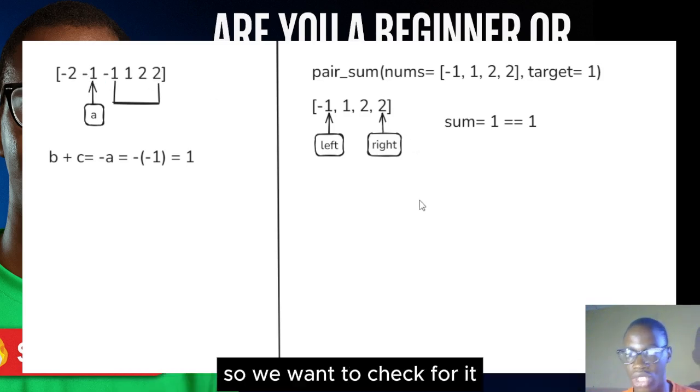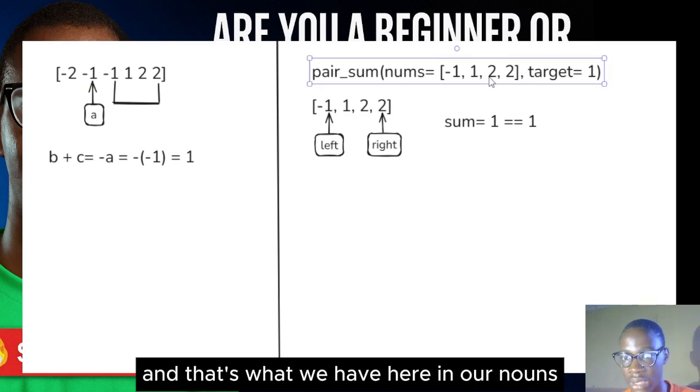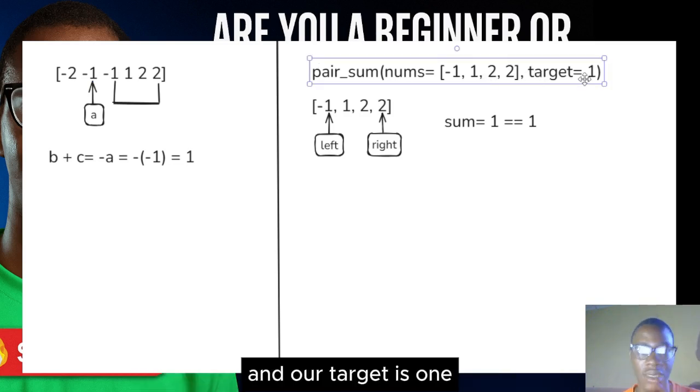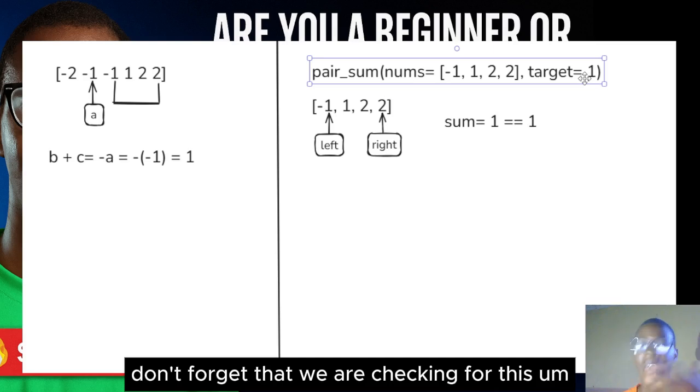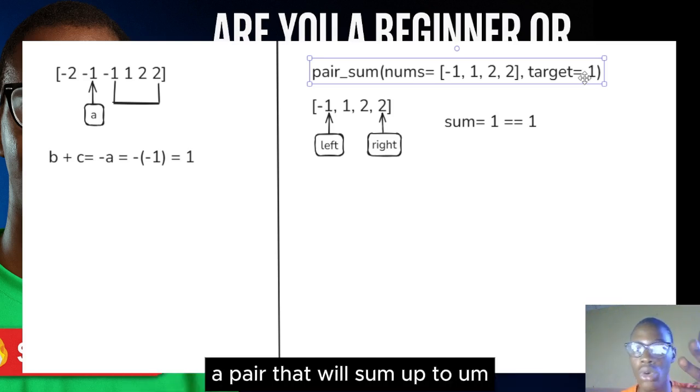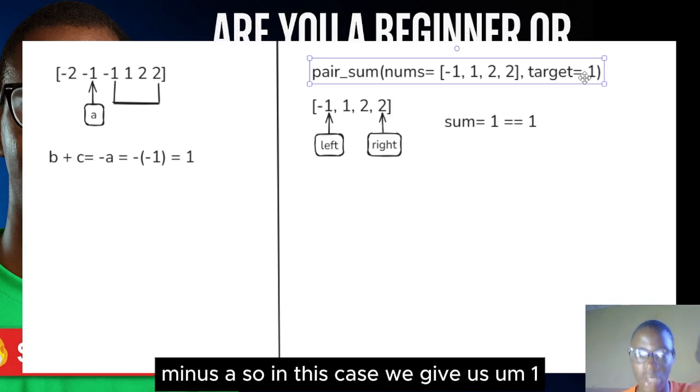So we want to check for it, and that's what we have here in our nums, and our target is 1. Don't forget that we are checking for a pair that will sum up to -a. So in this case it gives us 1.